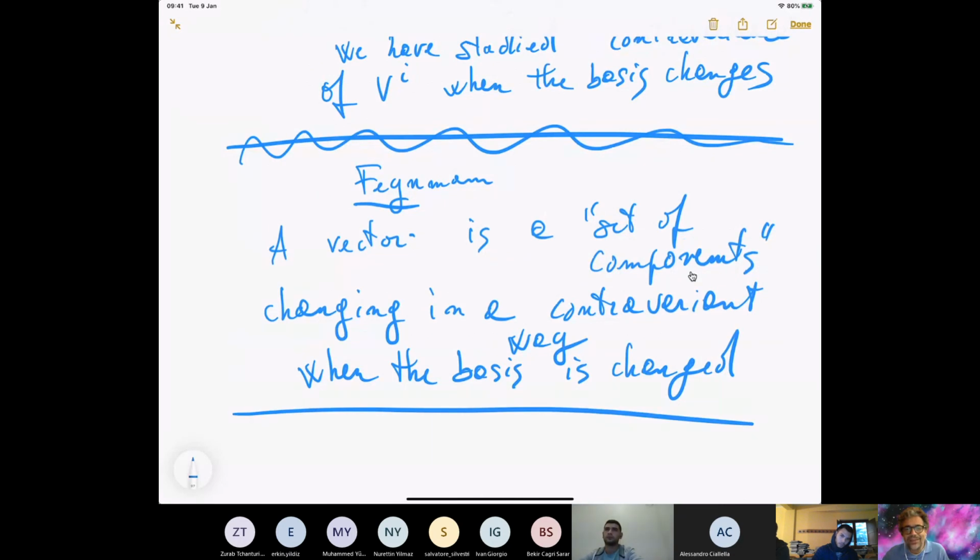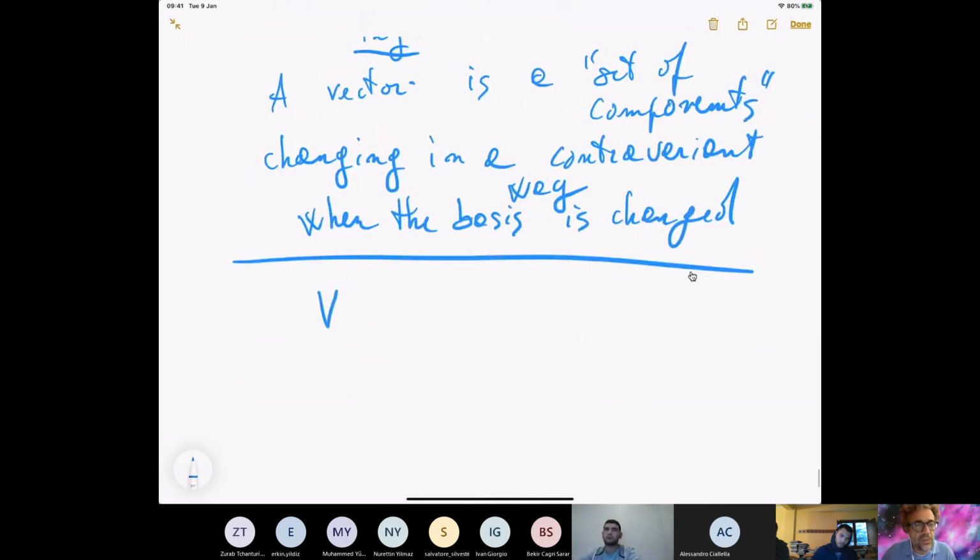So a vector is not a set of components. A vector V is what?